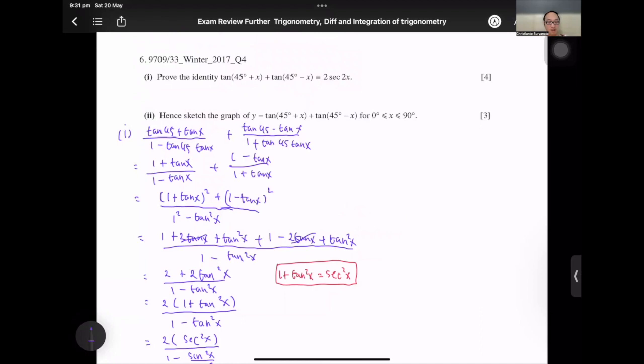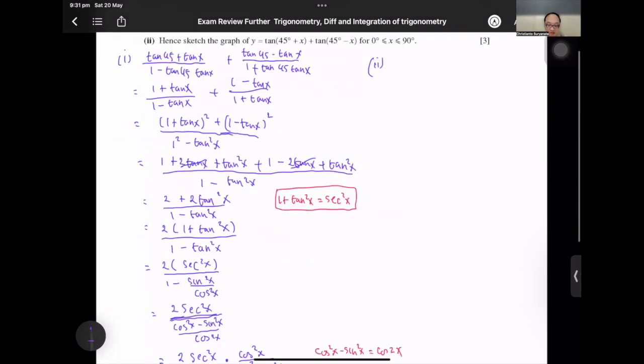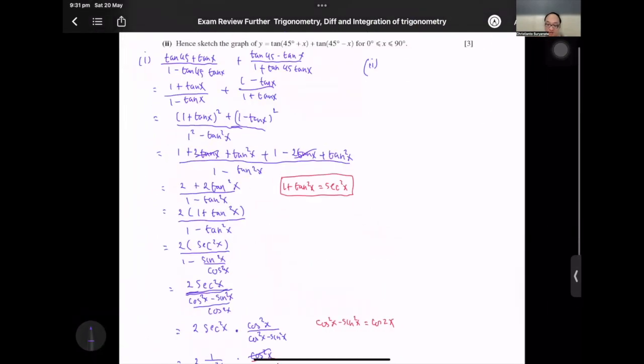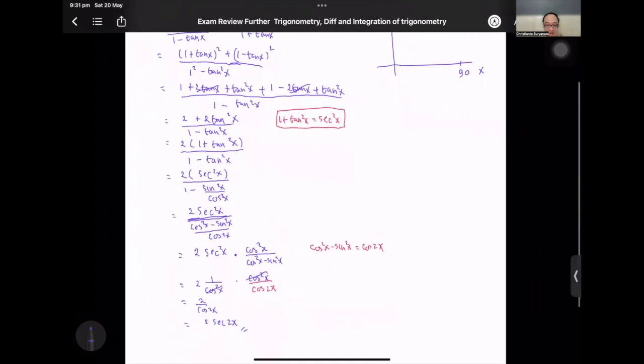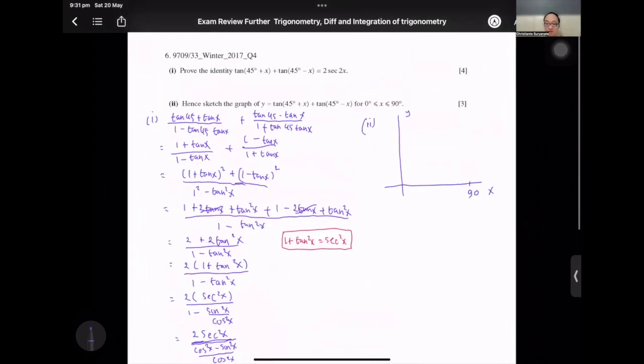Next, hence sketch the graph of y equals to 2 secant 2x between 0 until 90. So for the second, I will draw it here, yeah. We make this as x and this is y, and it's only until 90, yeah? So how do we do this?